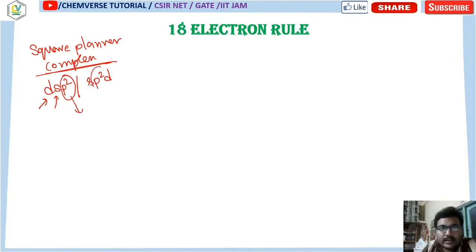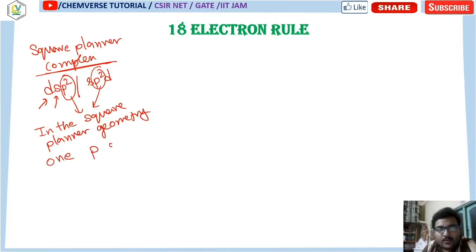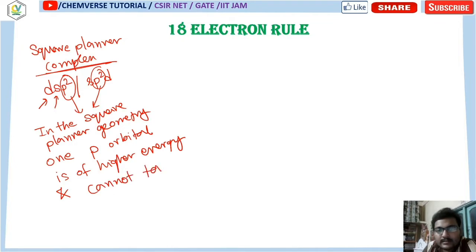So for square planar geometry, one p orbital is of higher energy and cannot take part in bond formation.